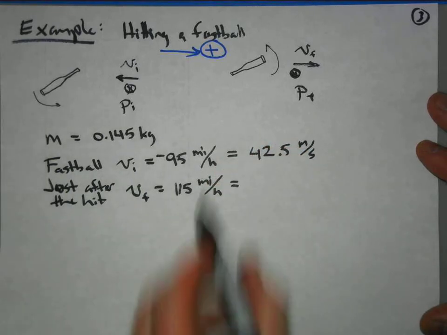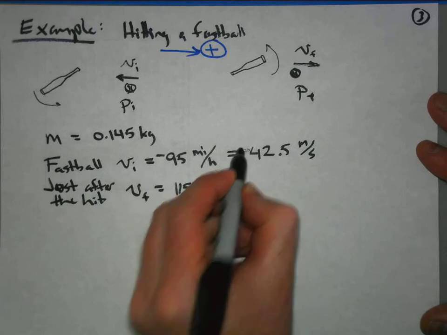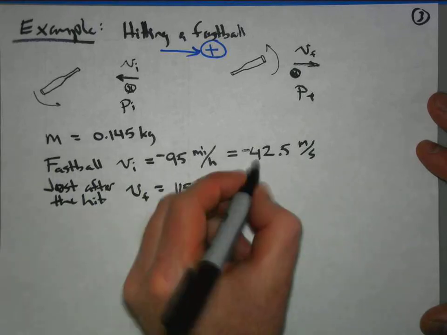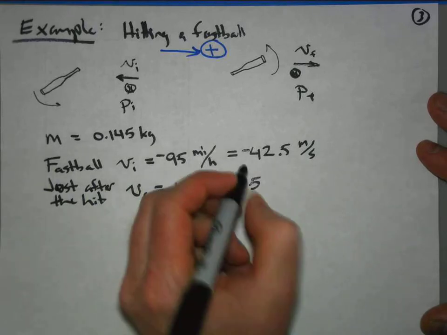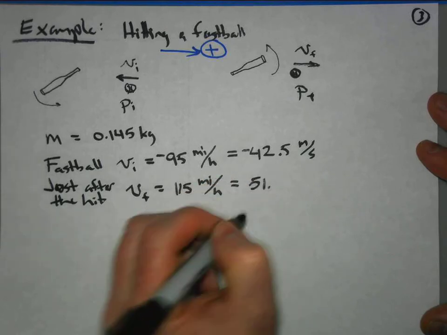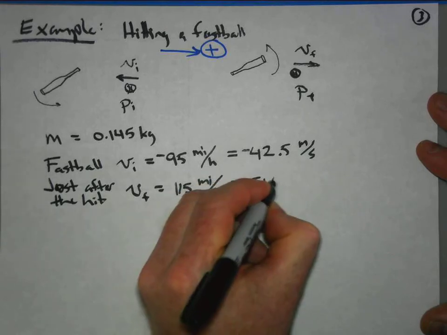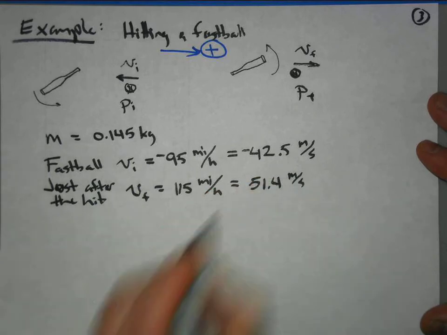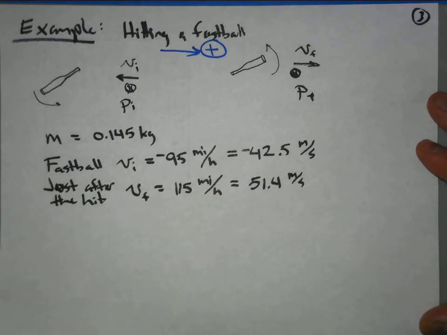And you end up, negative, that matters. You end up with the speed after the hit. I should say velocity because we are concerned with direction. 51.4 meters per second. Awesome.